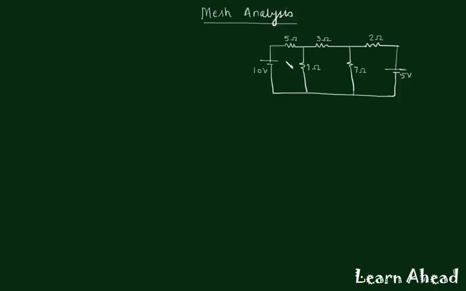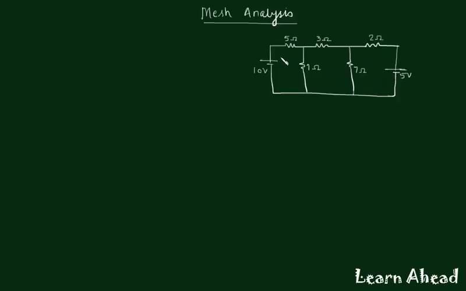If you see this loop, this is a little bit special in some sense, because in this loop no subloops are possible, and hence this is a mesh. So a mesh is such a loop which does not have any subloops. So in this circuit, this is a mesh, this is also a mesh, and this is also a mesh.